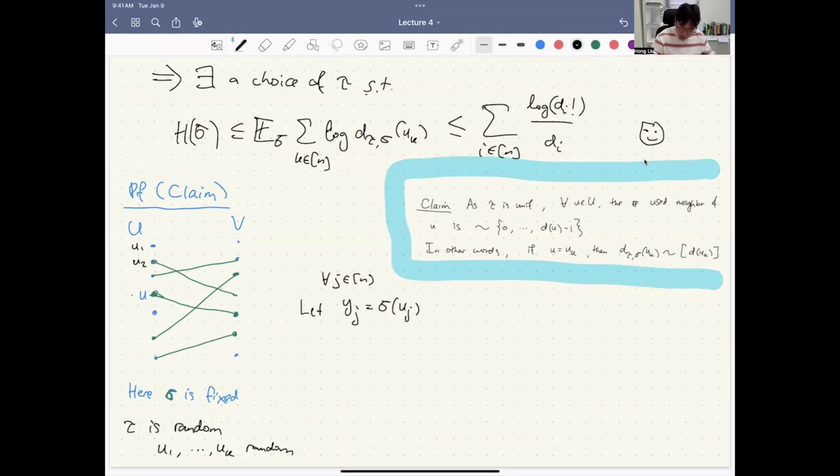But I don't know which guy is this guy. It's U something, we don't know its position. This is UN. Now, in my picture, this is Y1. This is Y2.